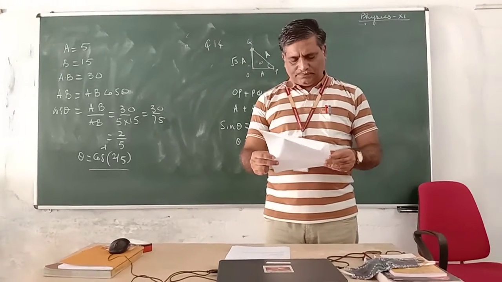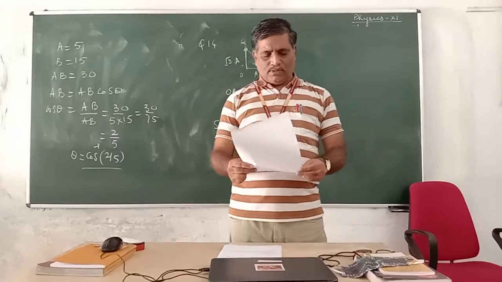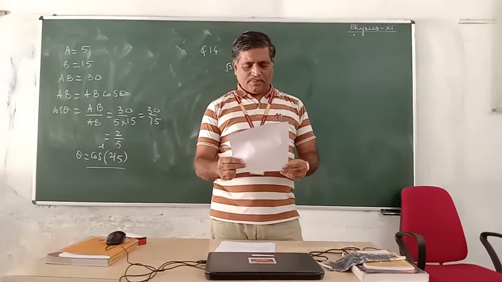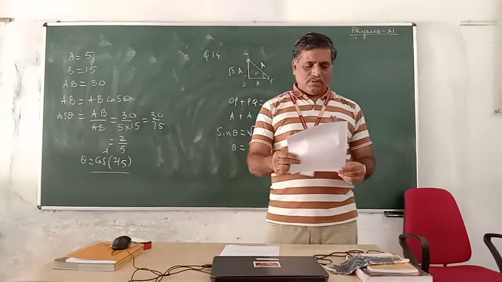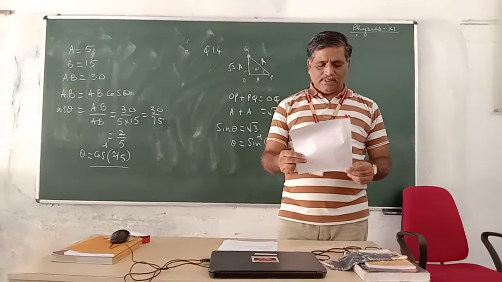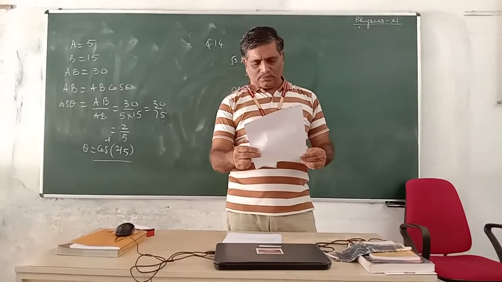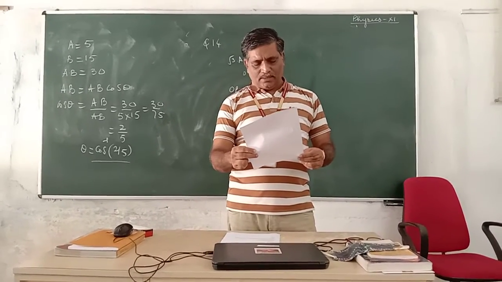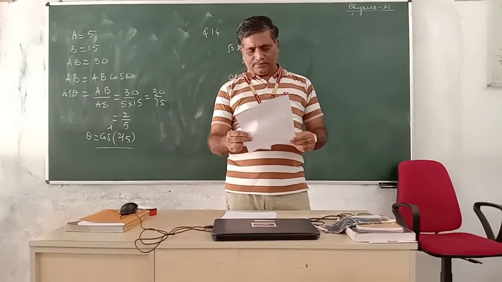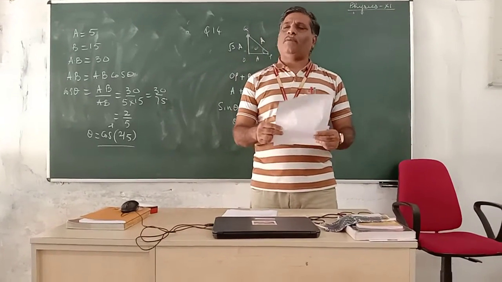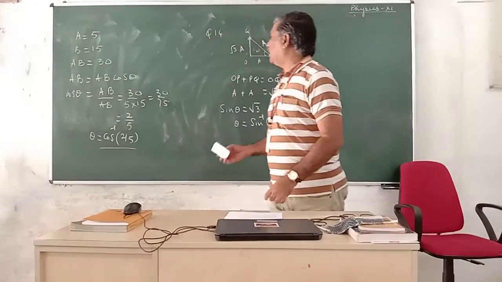Next question. If A is equal to 5i plus 7j minus 3k and B is equal to 2i plus 2j plus ak, then find the value of a if A and B are perpendicular to each other.